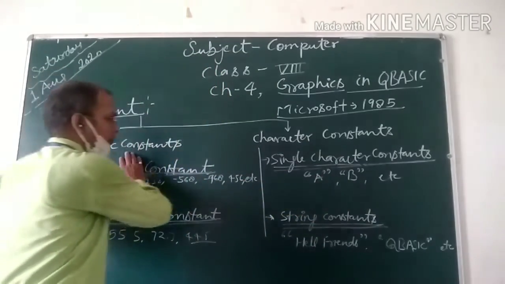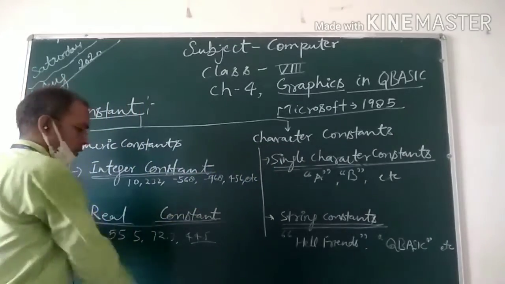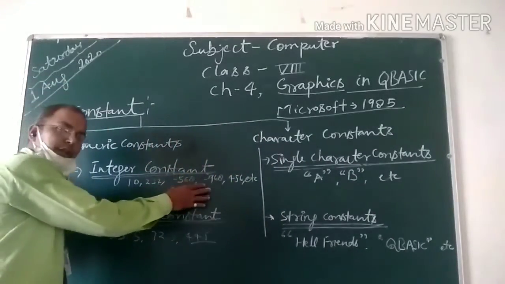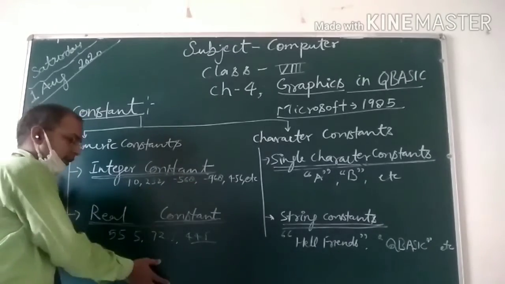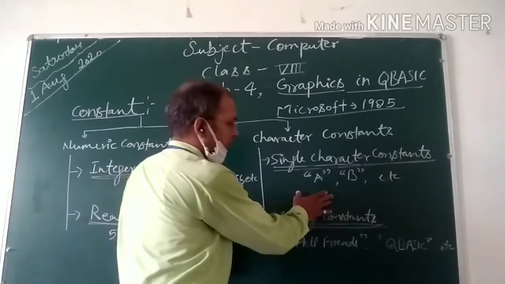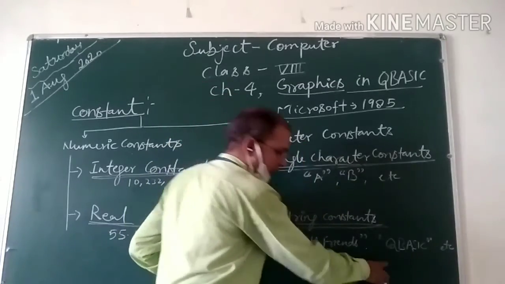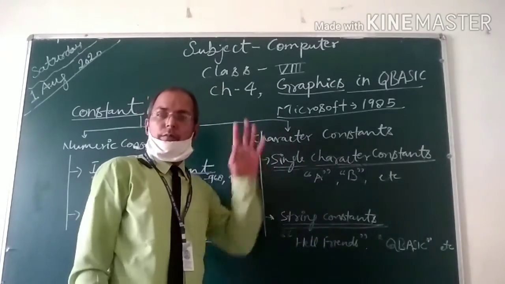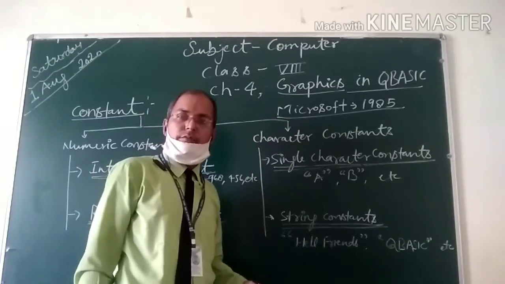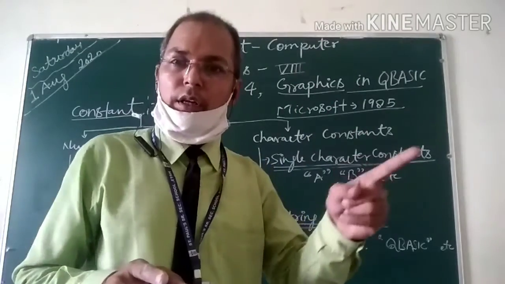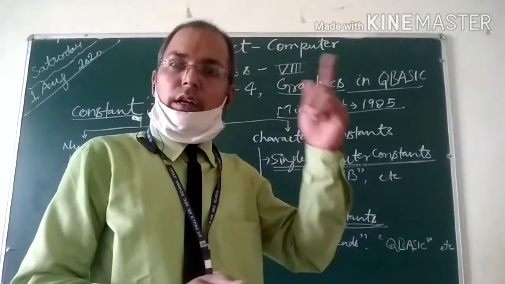Constant has two parts, numeric and character. Here we discuss only numbers, here only characters. Numbers are positive and negative without fractional part; real has fractional part. Here single characters, there a sequence of characters. So very easy. Again, repeat: constant, numeric and character. Numeric, integer and real.